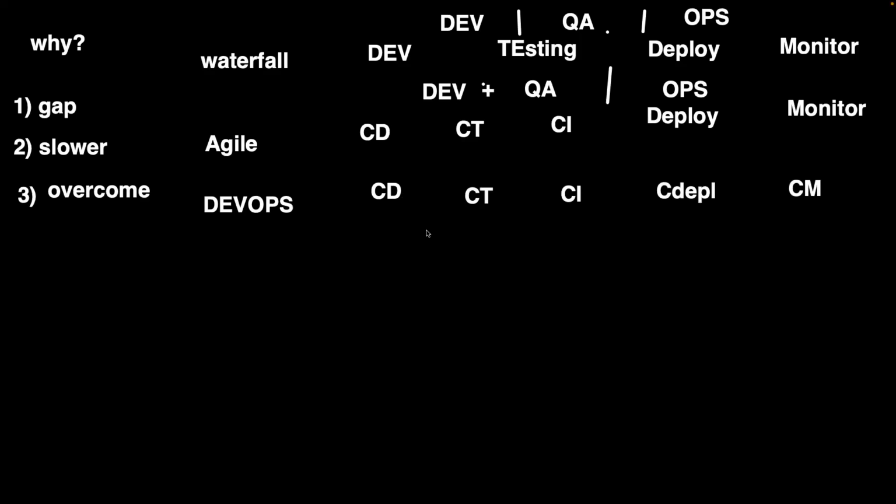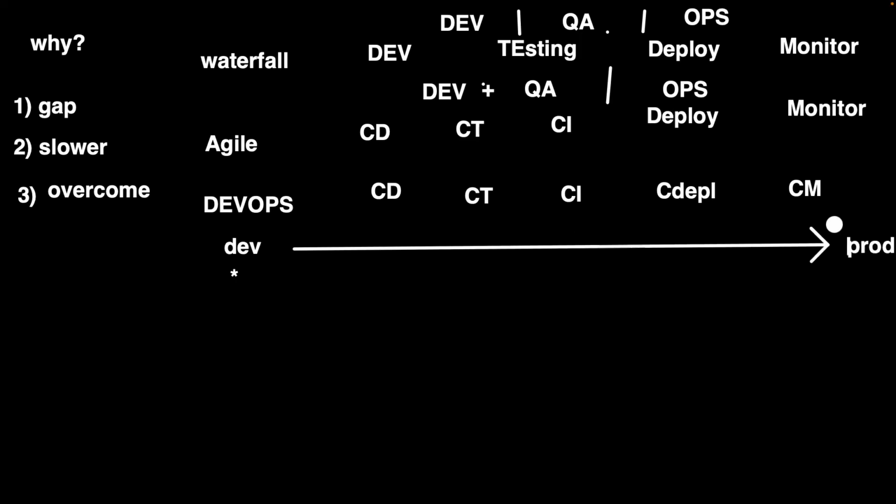What do we mean? Let's say developers have made some code changes, for example a new feature. It would immediately go for testing and integration, and it would be deployed first to lower environments, then to production automatically, and then it would be monitored. The whole process is automated and reaches production.